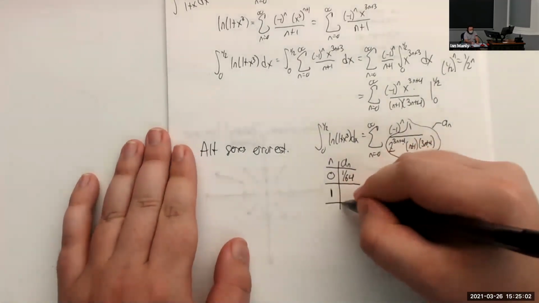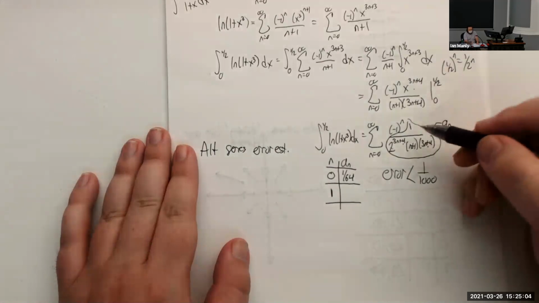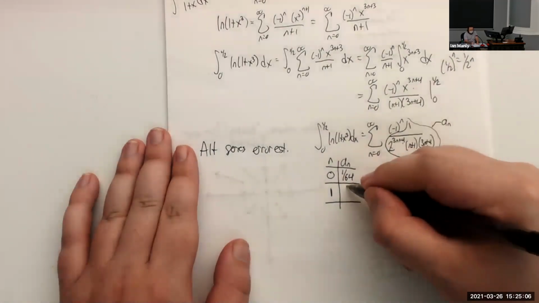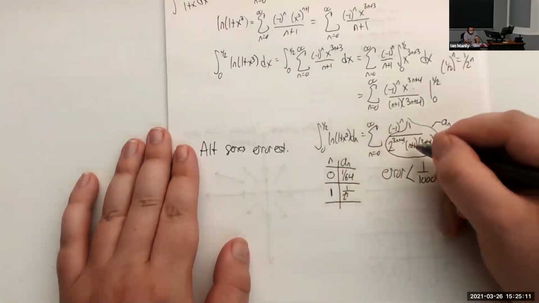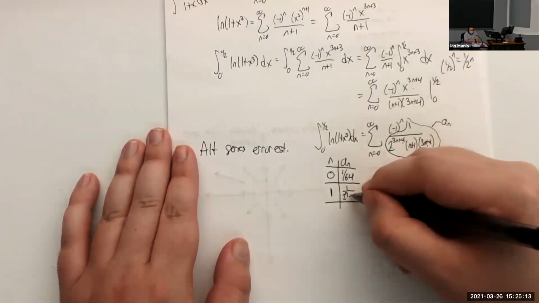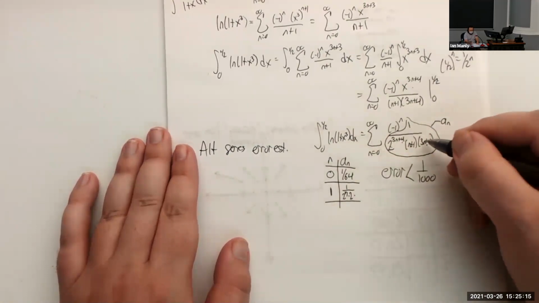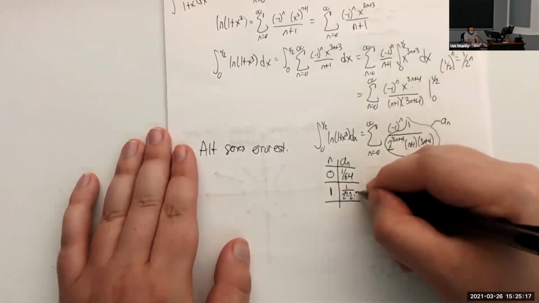Now let's go next to n equals 1. If I plug n equals 1 in here, what am I going to get? I'm going to have 1 over 2 to the 7th times 1 plus 1 is another 2 times 3 plus 4 is 7.